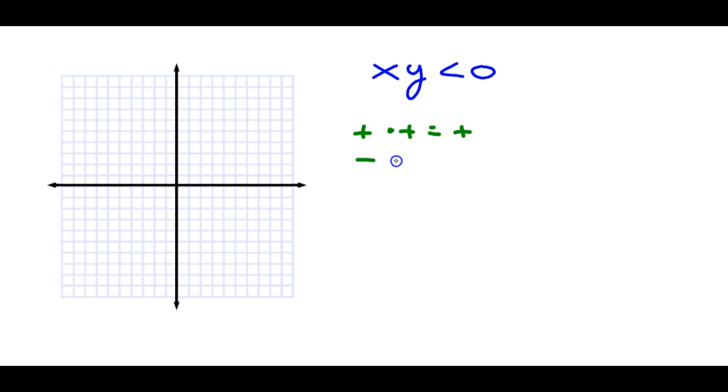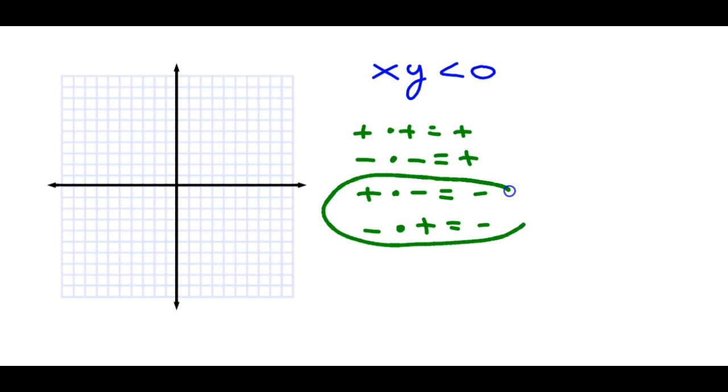You'd end up with a negative times a negative, which equals a positive. Well, once again, positive is greater than 0, not less than 0. So in this case, x has to be positive and y has to be negative, because that gives you a negative. Or x has to be negative and y has to be positive, because a negative times a positive is a negative. So these are the situations we have to look at.